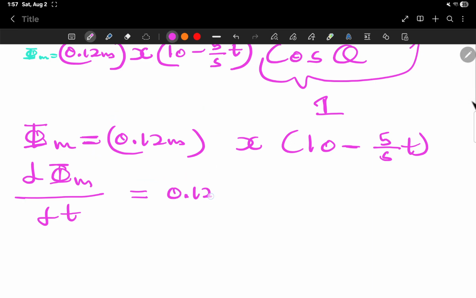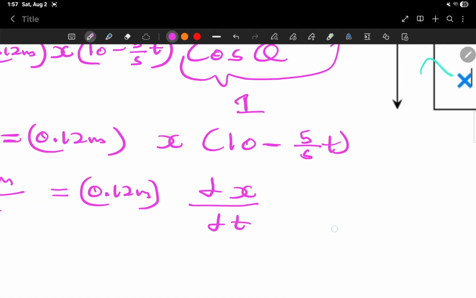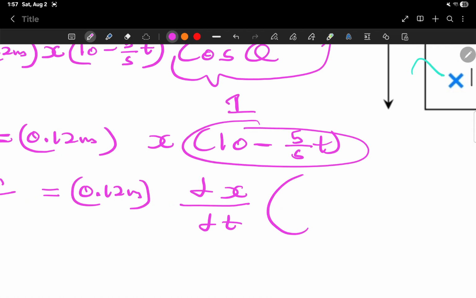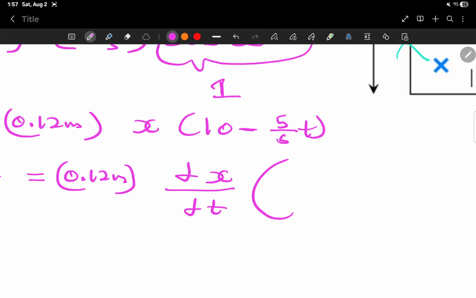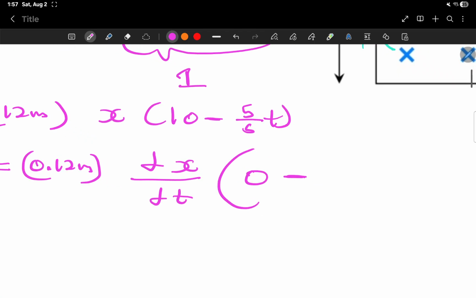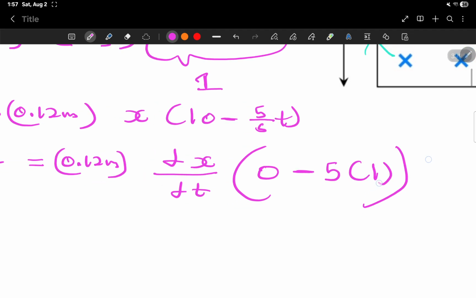So it's just going to be 0.12 meters times the change in width over change in time, times the derivative of this. The derivative of 10, a constant, is always 0, so that's done. Then for the derivative of 5t, the 5 goes out, and the derivative of t is just 1. So you get 0 minus 5 times 1.